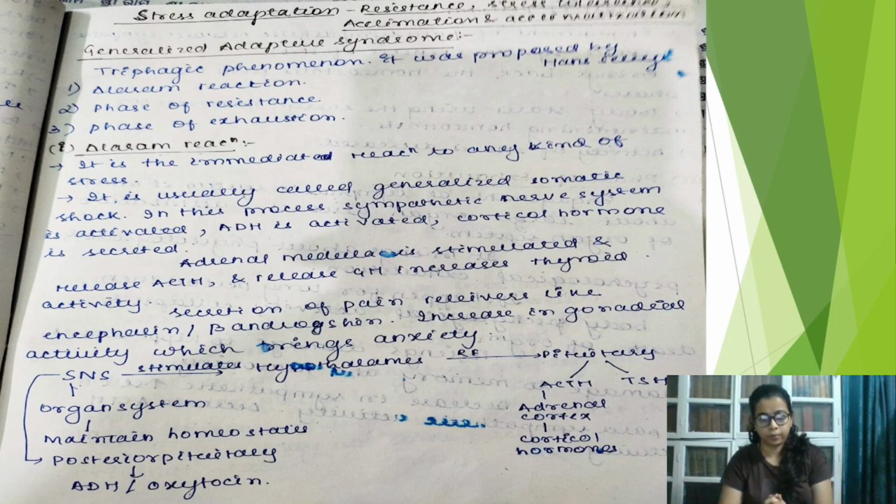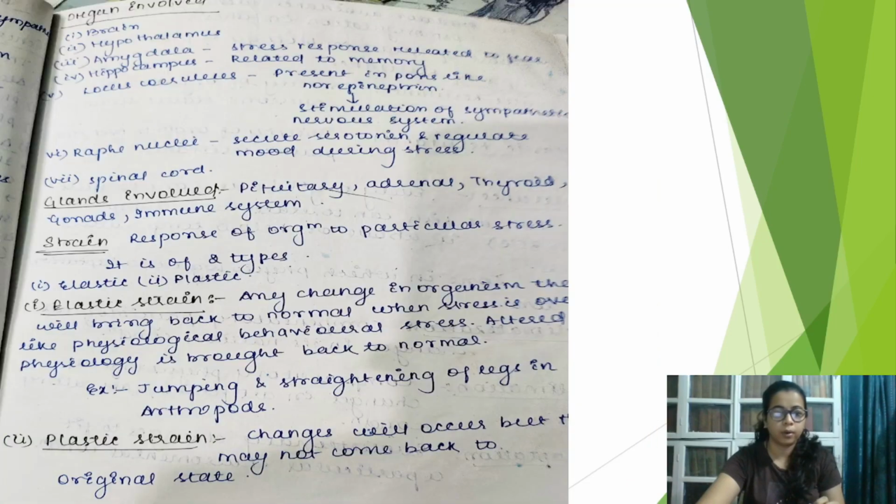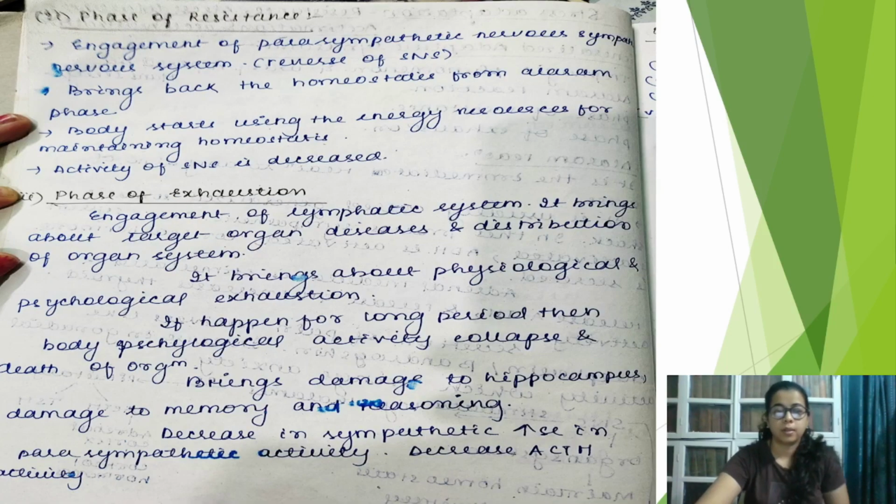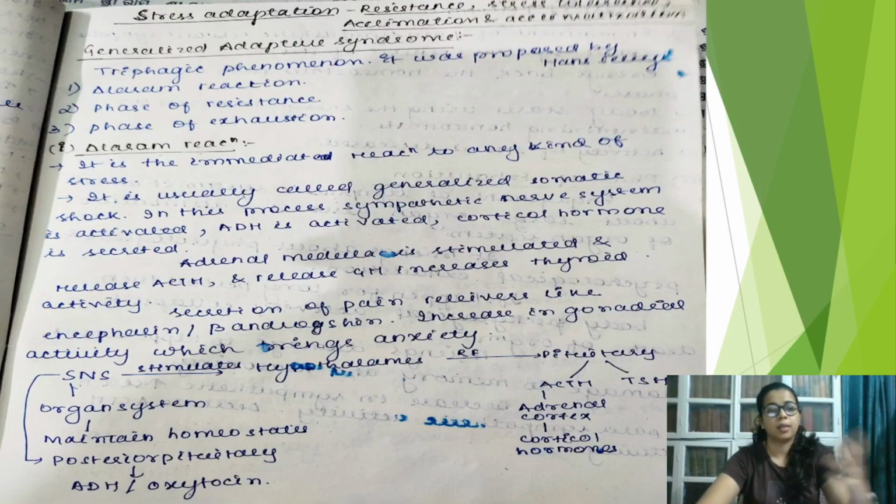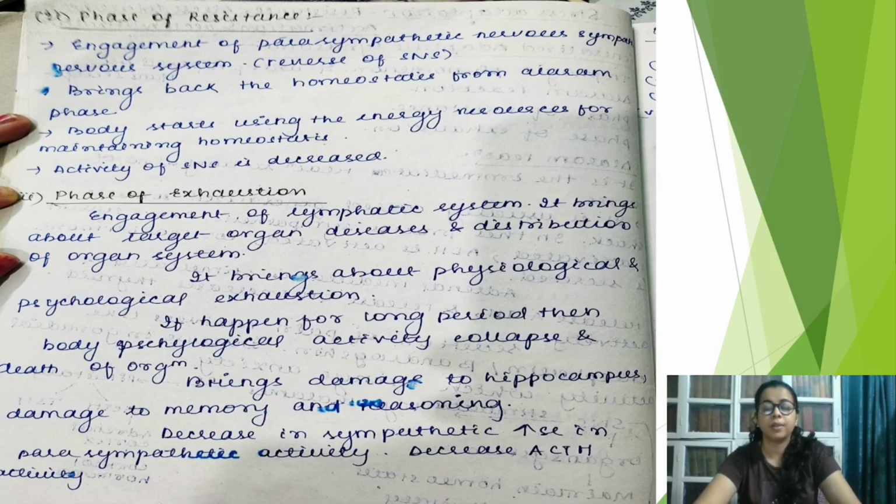Basically there are three phases of it, which was given by Hans Selye: alarm reaction, phase of resistance, and phase of exhaustion. We have already discussed these in detail. Alarm reaction is a very temporary thing in which the body creates signals like painkillers or pain relievers, which causes anxiety.